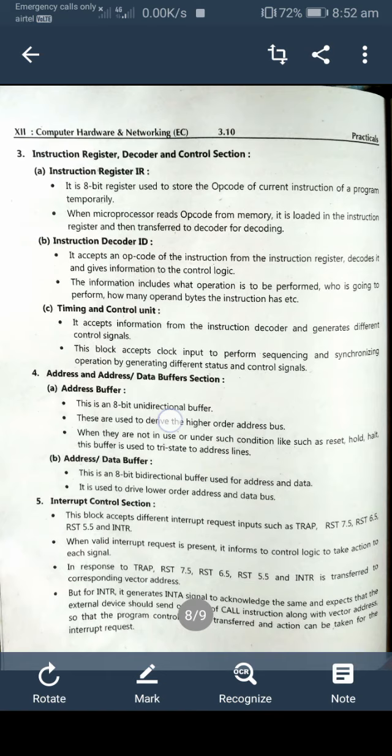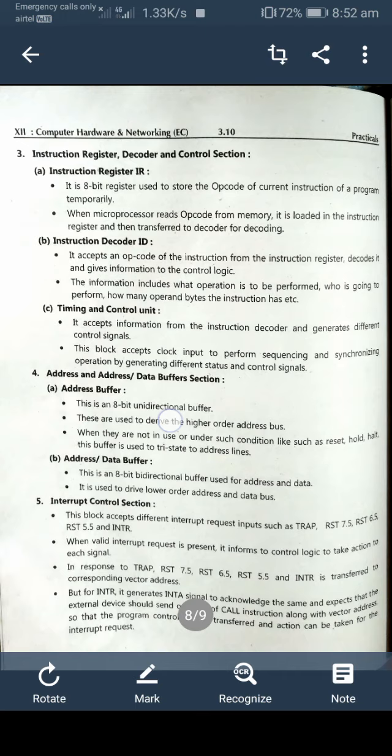Instruction decoder ID. It accepts the opcode of the instruction from the instruction register, decodes it and gives information to the control logic. The information includes what operation is to be performed, who is going to perform it, how many operand bytes the instruction has, etc.